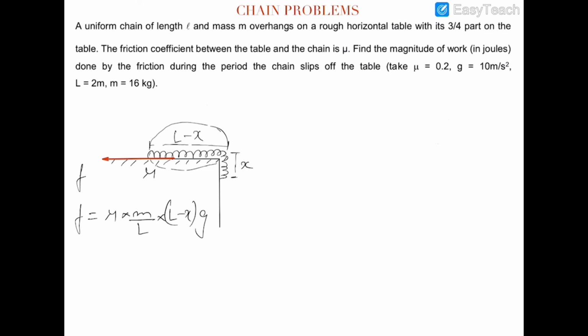Now the chain moves a small distance dx, then the work done will be by the friction, but we are calculating only the magnitude, so we are not putting any negative sign. So it would be the integration of mu mg by L into L minus x into dx.